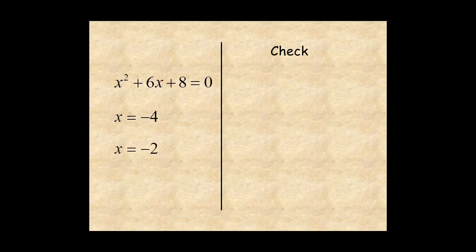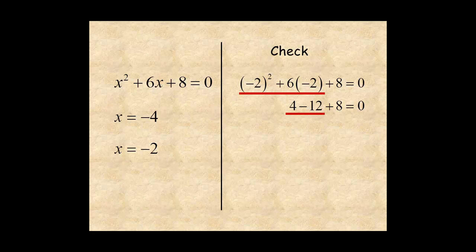To check the second solution, substitute x equals negative 2 into the equation. Negative 2 squared plus 6 times negative 2 equals 4 minus 12. And 4 plus 8 equals positive 12. And since 12 minus 12 equals 0, the second solution checks.